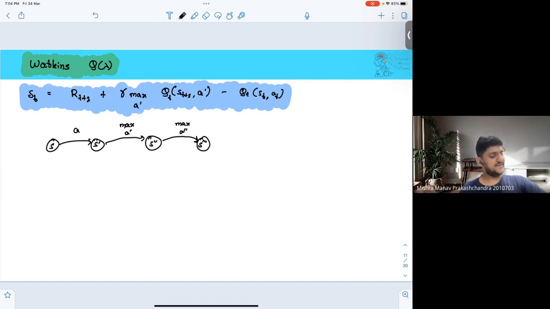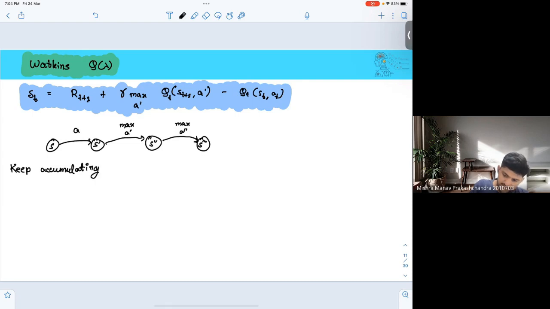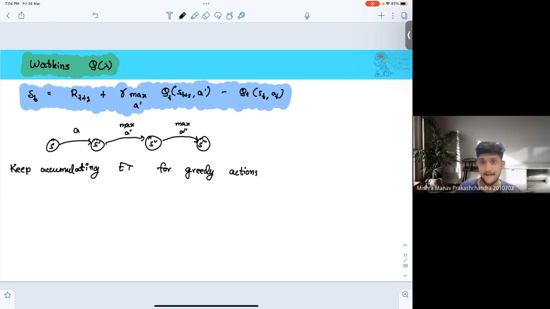What Watkins Q lambda tells me is that you keep accumulating E_t, the eligibility traces, for greedy actions. As long as I'm taking a greedy action according to my Q learning, whenever I'm updating the Q value, I keep updating my eligibility traces for greedy actions.